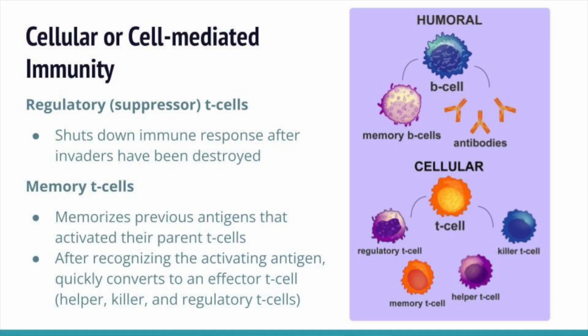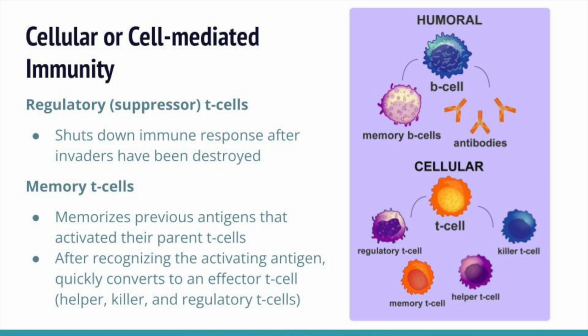Okay, and then we have the memory T cells. And the memory T cells, they are responsible for remembering, memorizing previous antigens that activated their parent T cells. So remember, when the T cells were presented the antigen, they go and make 4 different types of cells.